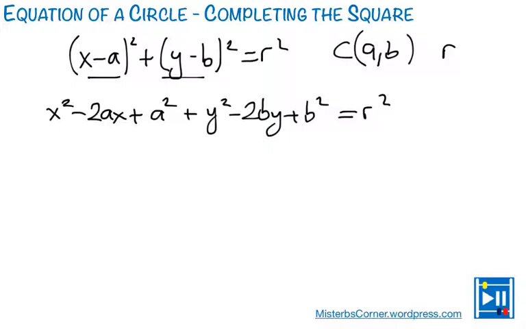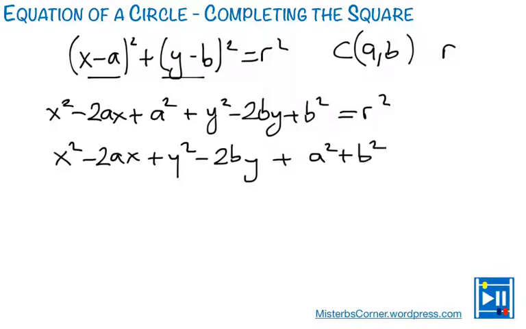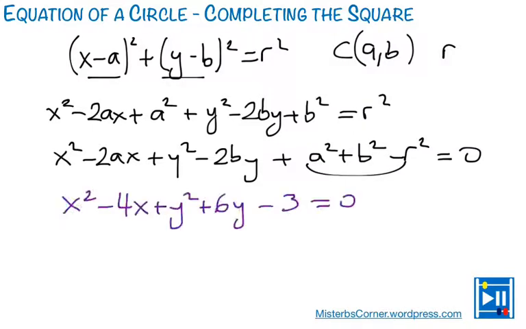So you will see it like x² - 2ax + y² - 2by + a² + b² - r² as being a constant number altogether. For example, this is an equation of a circle.